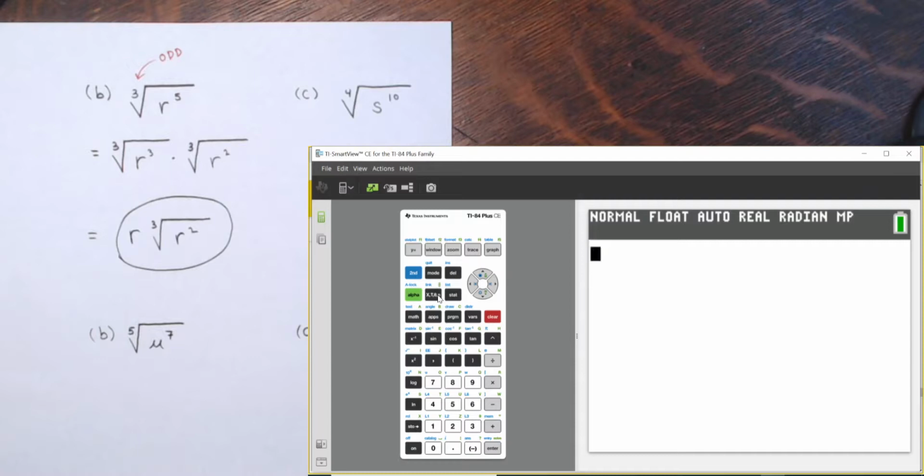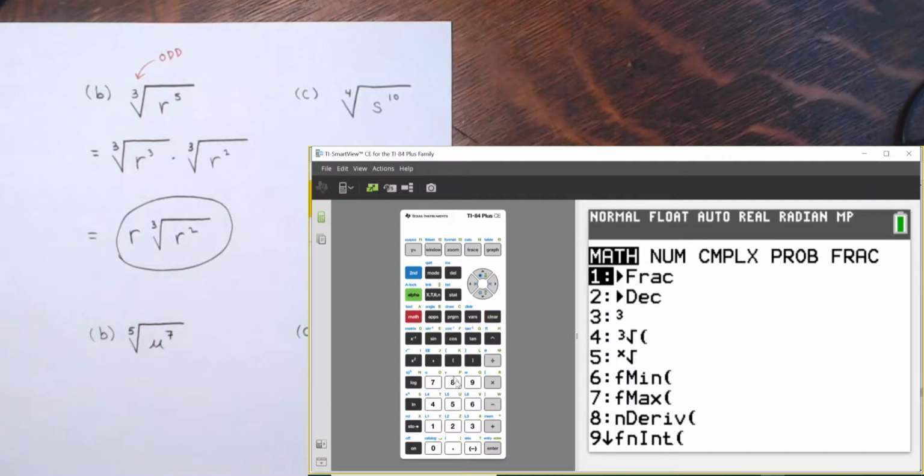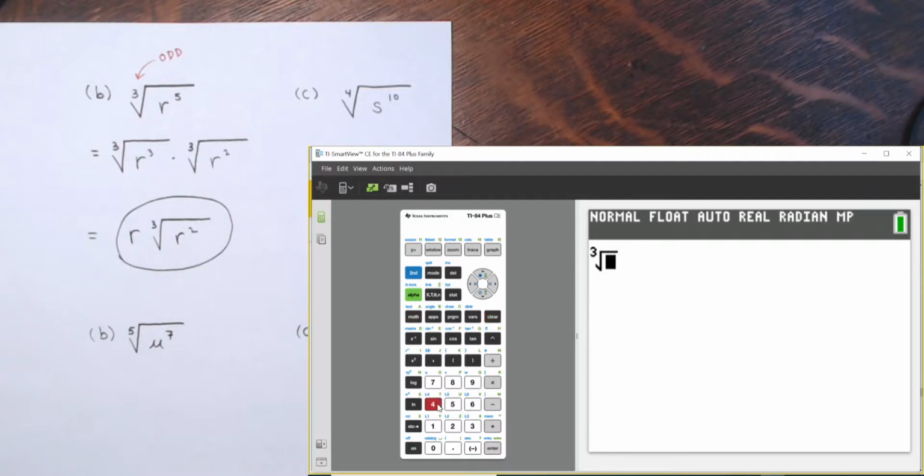Odd roots, you can replace the variable with whatever you want. Even roots, you've got to pay more attention. So I'm doing the cube root of, let's say, -2 to the 5th power, replacing R with -2. And I get -3.17 and so on.